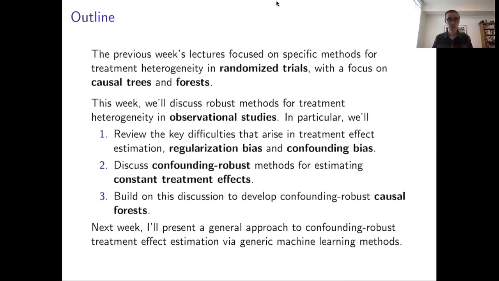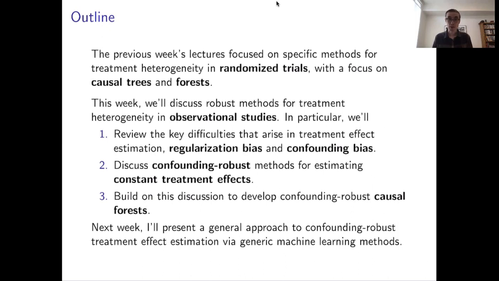All right, so last week, Susan gave an introduction on treatment heterogeneity with a focus on problems that come up in randomized trials. She also discussed some methods for treatment heterogeneity, including causal trees and forests.